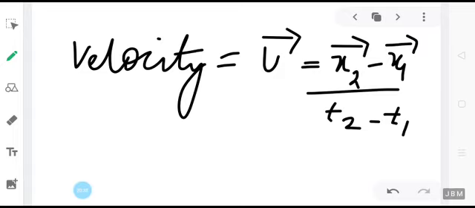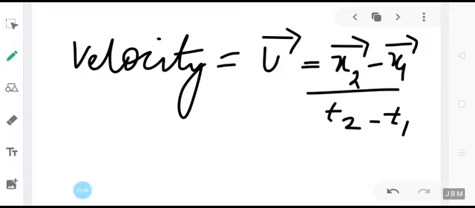Some important features of uniform motion can be summed up as: for uniform motion along a straight line in a given direction, the magnitude of the displacement is equal to the actual distance covered by the object. The velocity in uniform motion does not depend upon the time interval t2 minus t1. The velocity in uniform motion is independent of choice of origin.